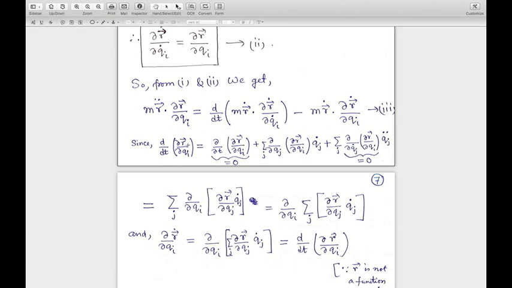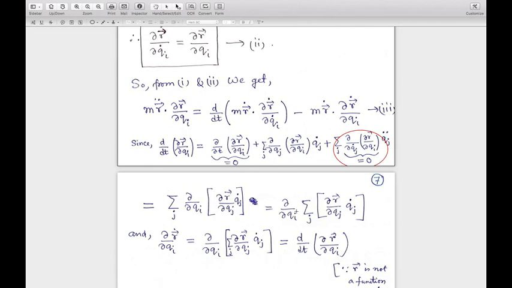So d/dt of ∂r/∂qi will simply be ∂/∂t of ∂r/∂qi plus summation over j of ∂/∂qj (∂r/∂qi) q̇j plus summation over ∂/∂q̇j (∂r/∂qi) q̈j. This last one is simply 0, as you can understand, again because of commutation, and r is no longer a function of velocity. The first one is also 0 because r is not an explicit function of time for this case. So you only have this equation.